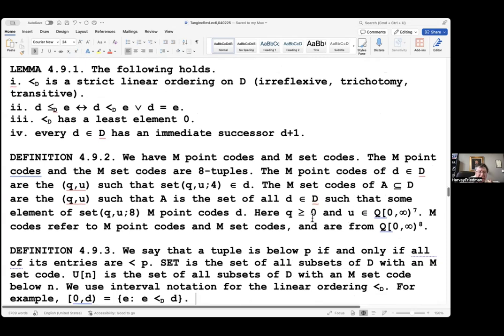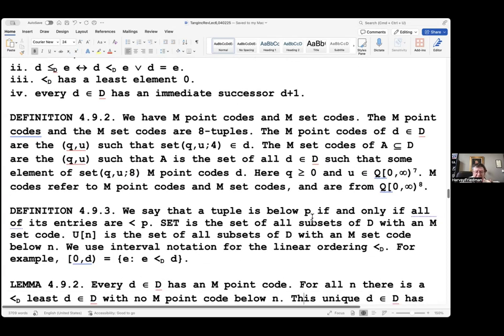But we also have endpoint codes and M set codes. The endpoint codes and the M set codes are 8-tuples. The endpoint codes of D in D are the 8-tuples such that the set of 4-tuples is a member of D. Remember, the elements of D are these W plop guys, and those are well-founded relations on pairs, so they're sets of 4-tuples.